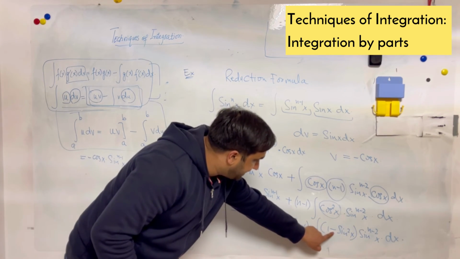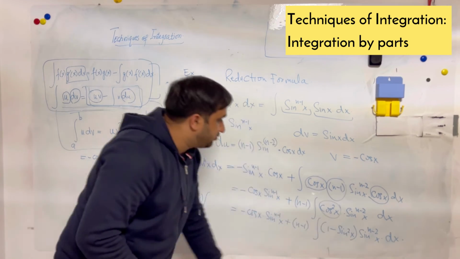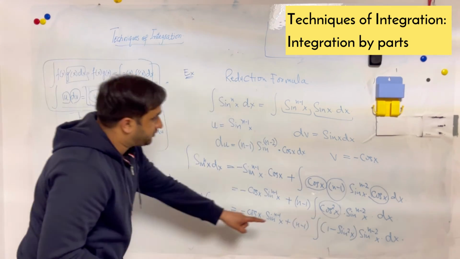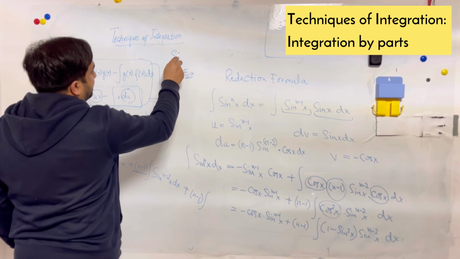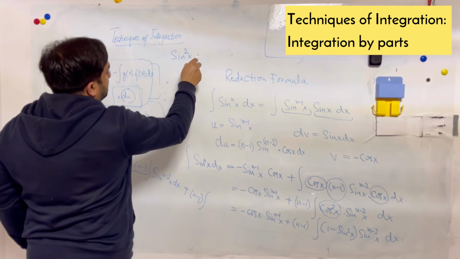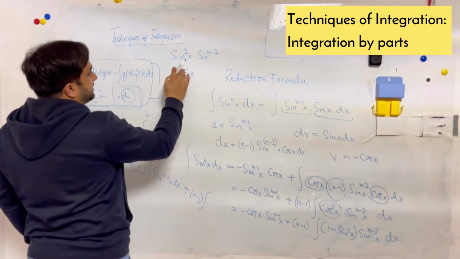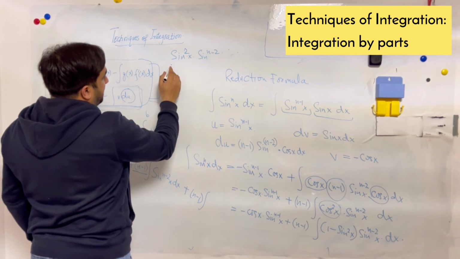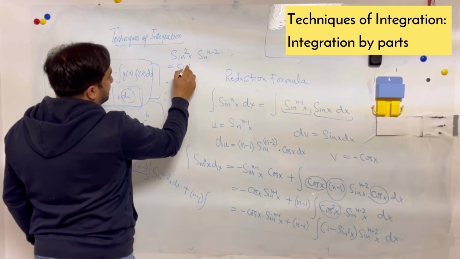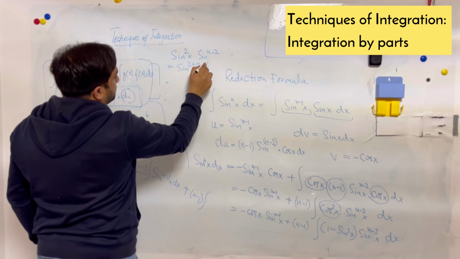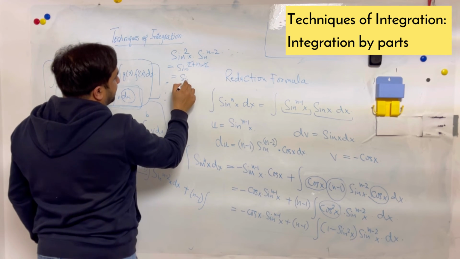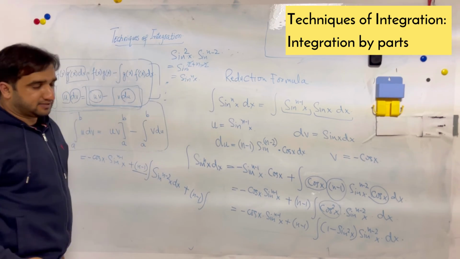Now the second thing, minus sine square into sine raised to the power n minus 2. When you multiply sine square with sine raised to the power n minus 2, it means you are going to add the powers. So it will become sine 2 plus n minus 2, which is sine raised to the power n x.